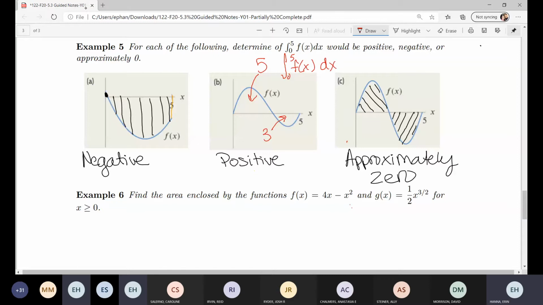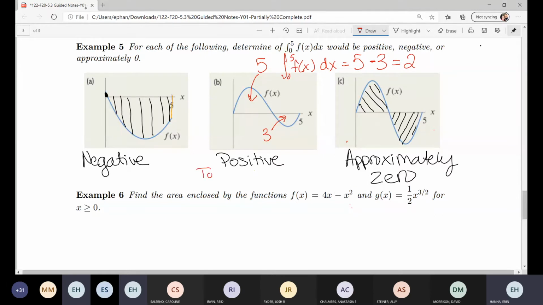So if I wanted the integral from 0 to 5, since I know that there's a total amount of 5 above the x-axis, but then the area below the x-axis is 3, but since it's below the x-axis, it needs to be counted as negative, so we need to subtract it. So the integral would actually end up being 2.